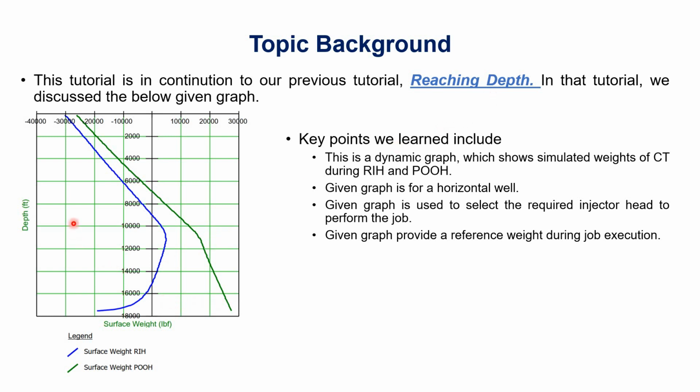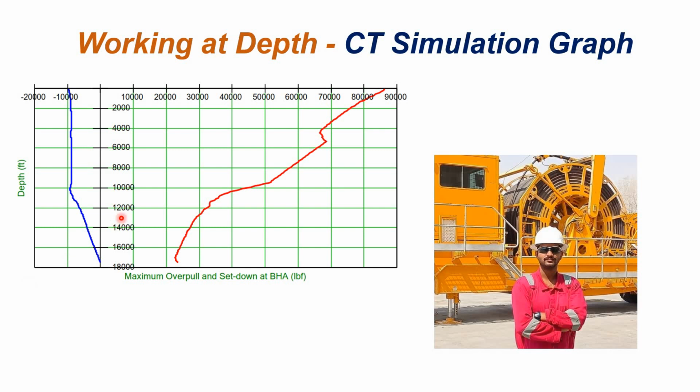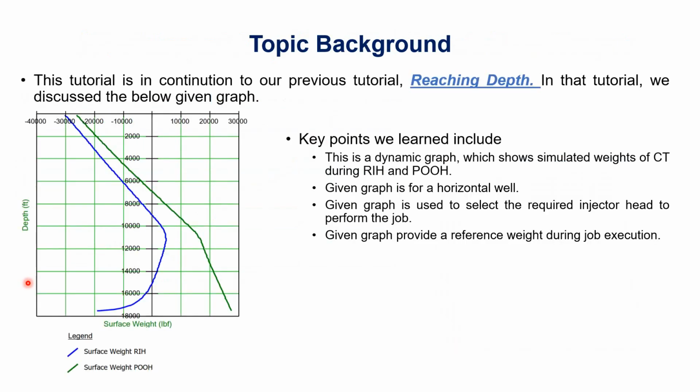You can find the link in the description, and the link button will also be shown over here. That is the first graph when we run the force simulation of coil tubing. In this tutorial we will see the second graph, that is the working at depth graph.